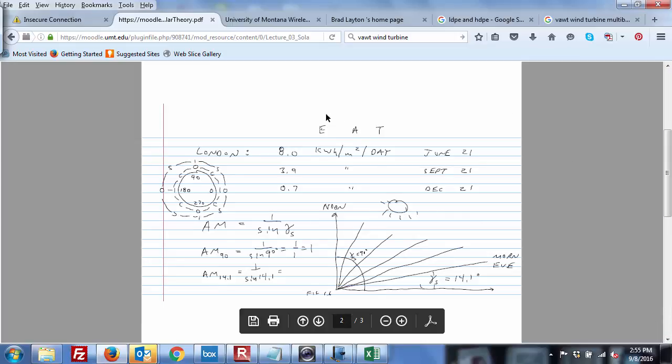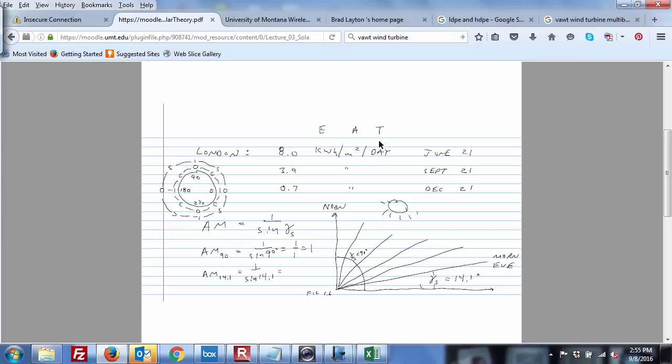Here's what we're also looking at for energy times area times time. London on June 21st, so that's the summer solstice, is getting 8.0 kilowatt hours per square meter per day. September 21st on the equinox, it's less than half of that.